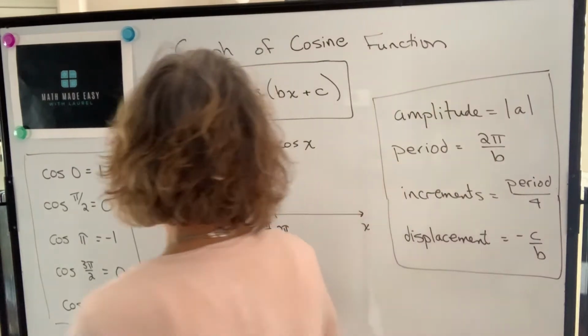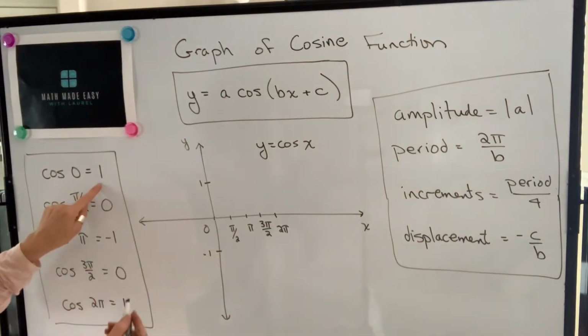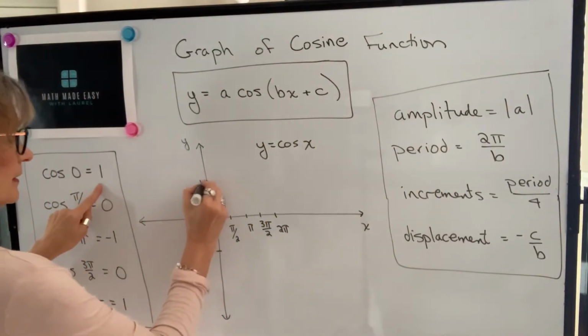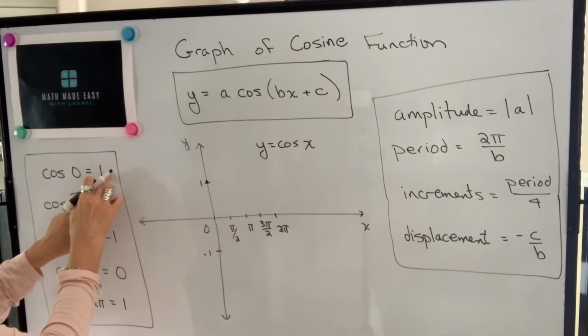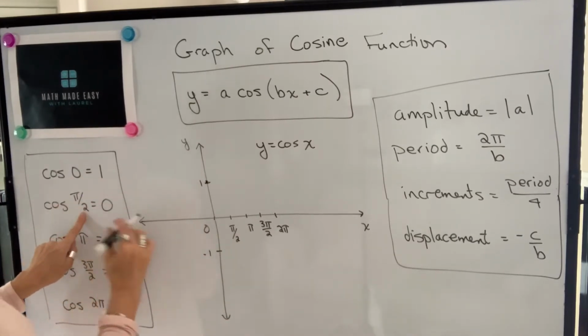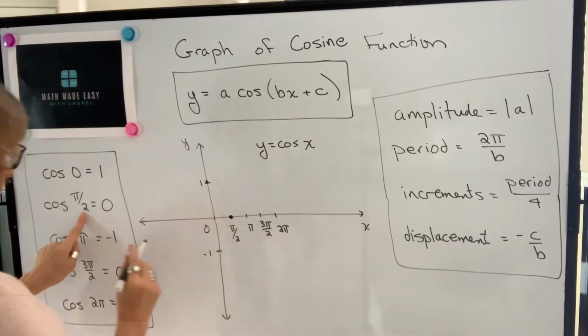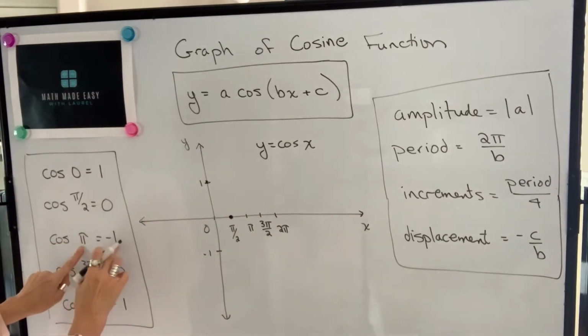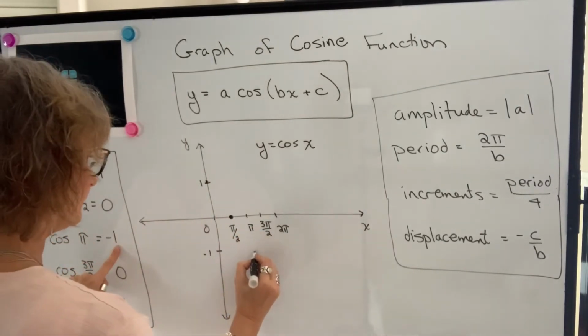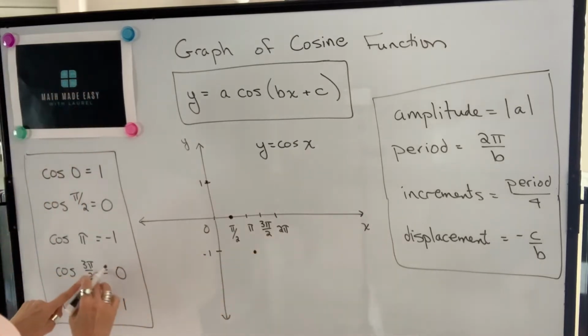So what our graph is going to look like if we were to plot these 5 points: at x equals 0, y equals 1. At x equals pi over 2, y equals 0. At x equals pi, y equals negative 1. At x equals 3 pi over 2, y is 0.